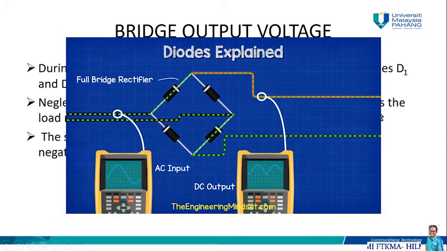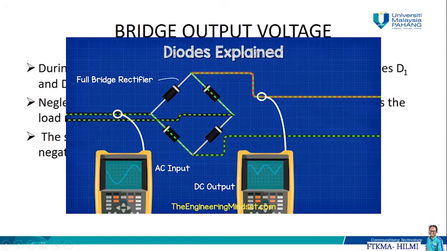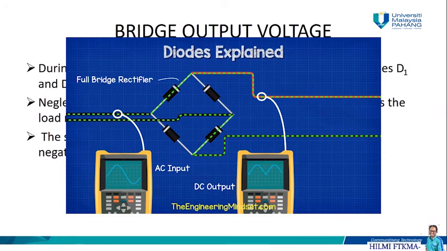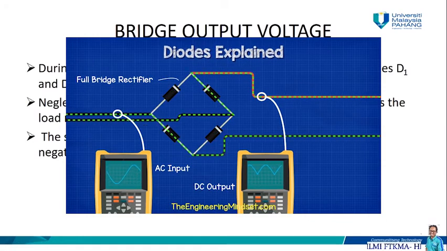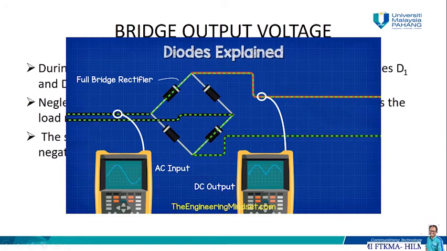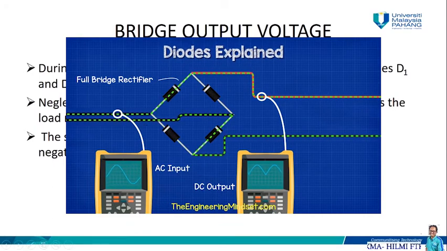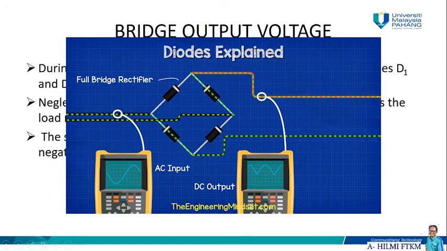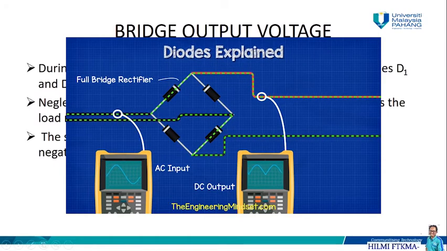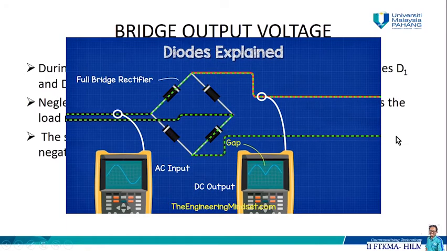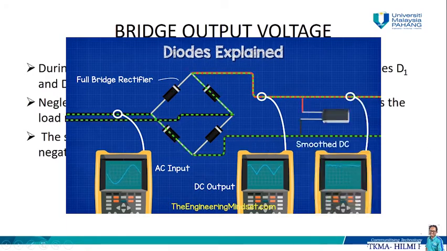For the bridge output voltage, during the positive half cycle of the total secondary voltage, diodes D1 and D2 are forward bias. If we neglect the diode drop of 0.7 volt, the secondary voltage appears across the load resistor. The same is true when D3 and D4 are forward bias during the negative half cycle, so it's going to have the same effect.